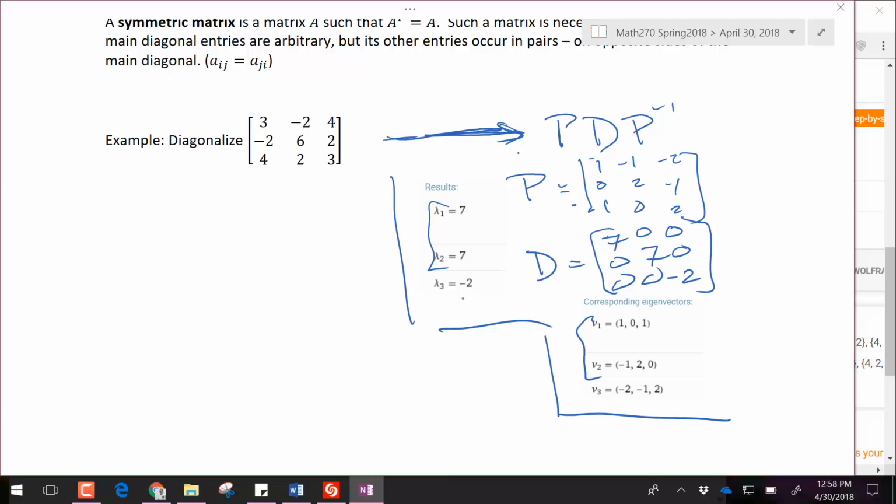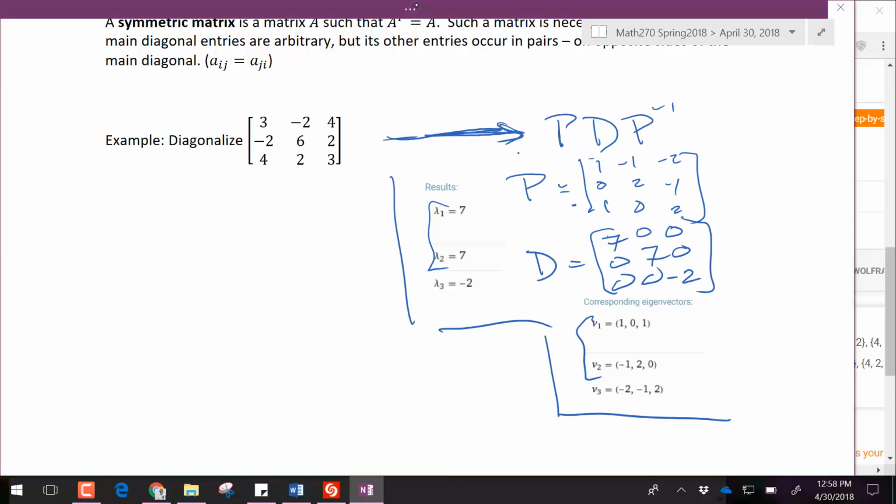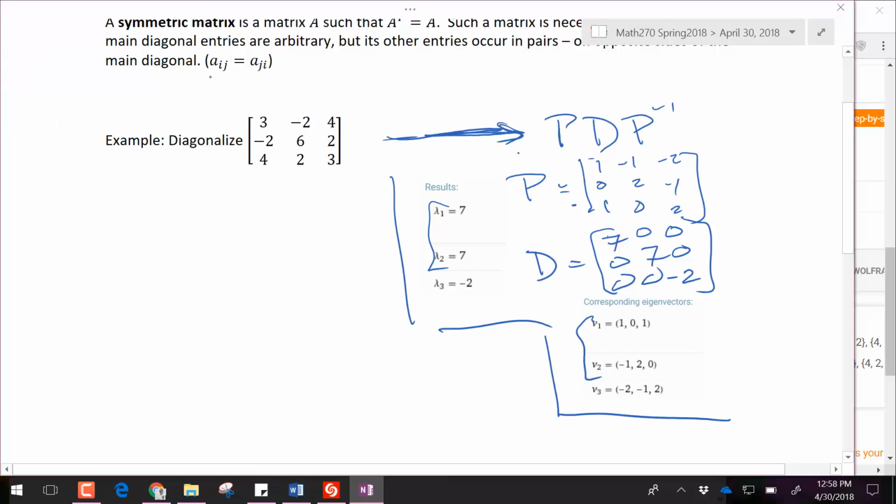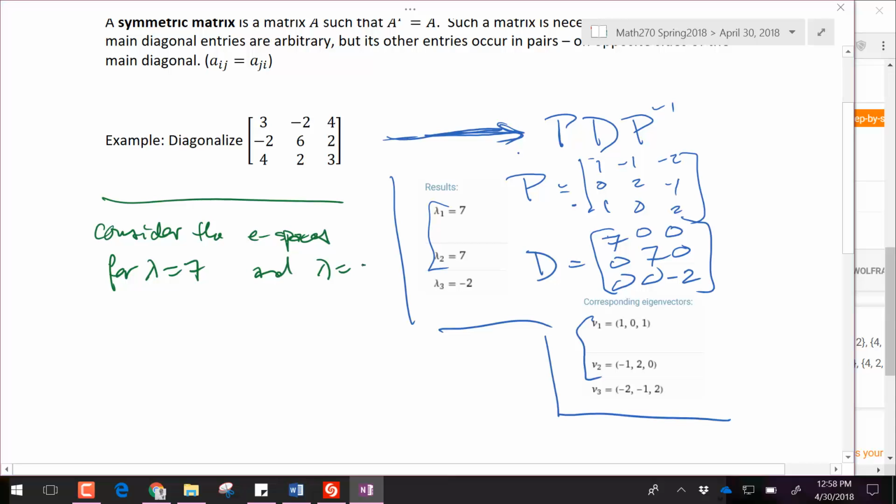All right. So the different eigenspaces, it turns out, are, again, this is not so obvious until we start looking at the theorems in the section, but consider the eigenspaces for lambda equal to 7 and lambda equal to negative 2.